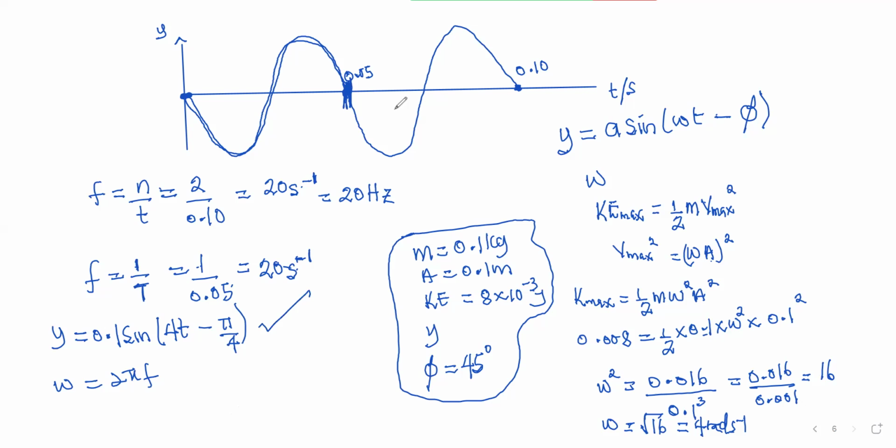Miss Adria, why are we leaving it in pi over 4 and not the 45? The reason is that this whole angle, 4t minus pi over 4, is the phase angle theta.